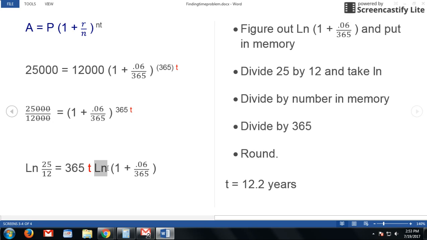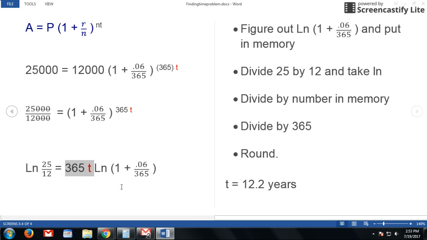When I take the natural log on the right, notice that 365t moves to the ground as a multiplier, and now it's on the same level with everybody else where I can work with it. So we've still got this big expression that we've got to figure out what to do with to help us solve this problem.